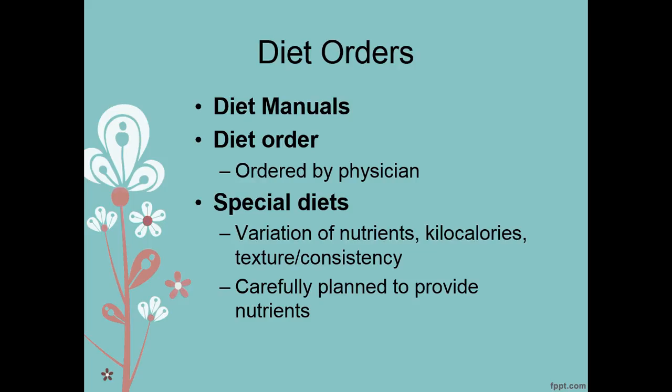Because if you don't know it, more people that have risk with swallowing actually do poorly with thin liquids. So we might need to thicken up their beverages. We might need to make sure that they have easy to eat type foods. And just for an example, maybe they need to be on a low sodium diet, a diabetic that needs a low carbohydrate diet, low potassium. We can modify it.